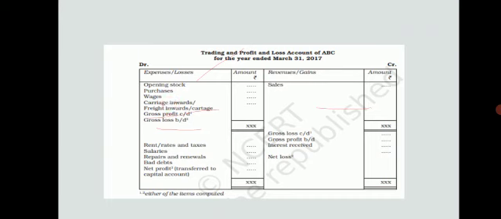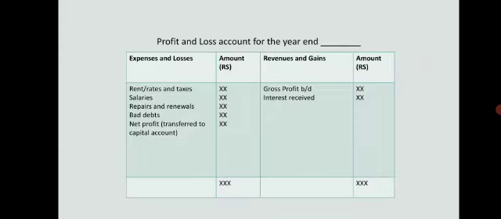If it is loss, we enter it on the credit side as gross loss carried down. In the same way, in the profit and loss account, if there is a profit, we write it as net profit. If it is loss, then we write it on the credit side as net loss, which we transfer to the capital account.